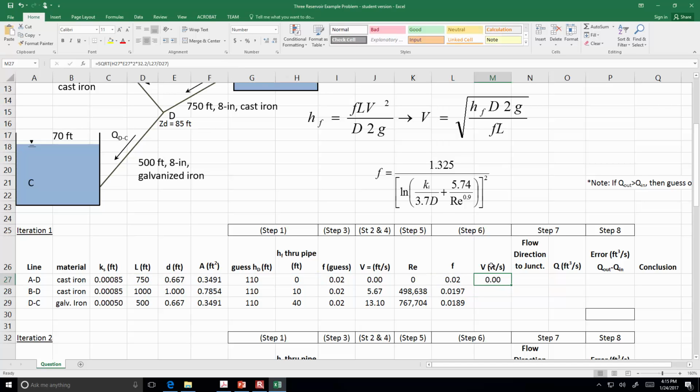So there's still not going to be any flow through that pipe. But we now have a different guess of the velocity through the other pipes.